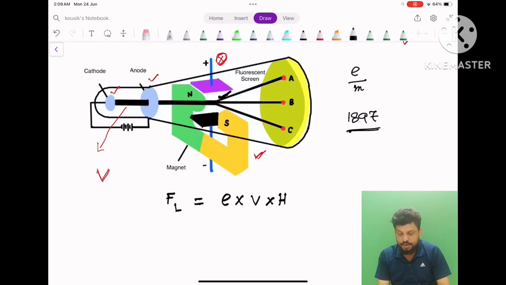When the Lorentz force acts on this electron, it wants to take a circular path, and the picture is like that.